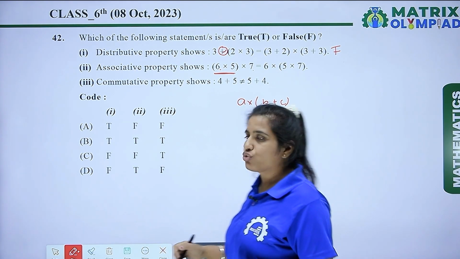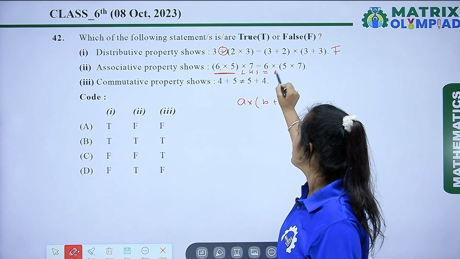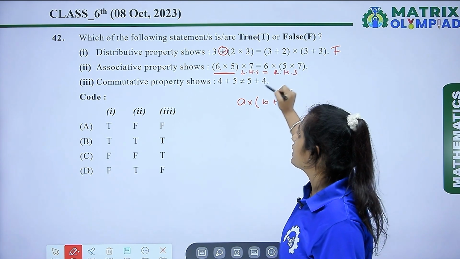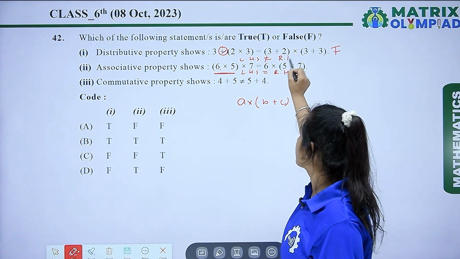LHS इक्वल टू RHS हो जाएगा. जब आप इसको सॉल्व करेंगे तो यू कैन इजीली सी दैट LHS इज इक्वल टू RHS. पर डिस्ट्रीब्यूटिव प्रॉपर्टी के केस के अंदर LHS इज नॉट इक्वल टू RHS.